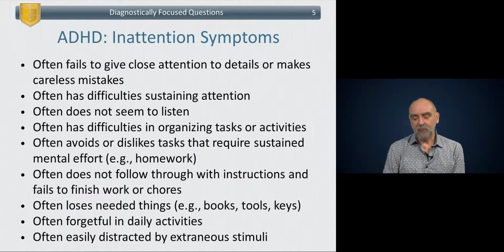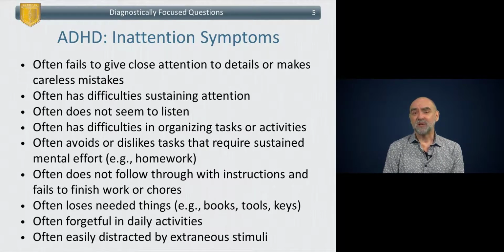So now let's look at more detail into the inattention symptoms. And my gosh, look at this. There's 9 inattention symptoms. But that's not really true. This is just examples of inattention. Often fails to give close attention to details or makes careless mistakes.